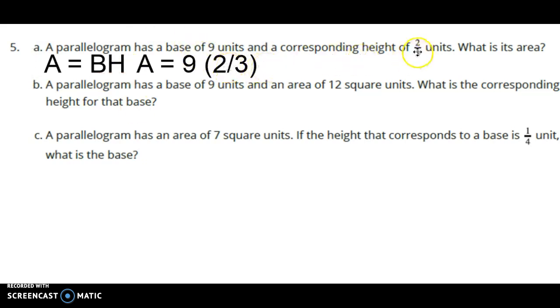Rather than using a calculator, because this is written already as a fraction, I'm going to simply multiply 9 times 2/3.